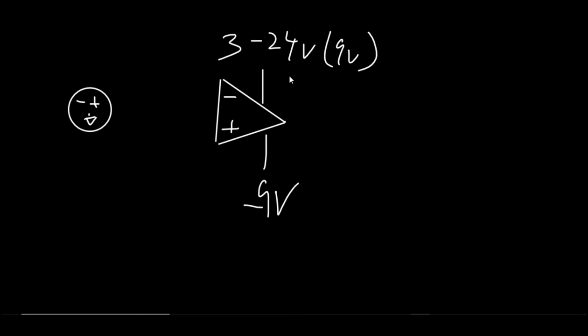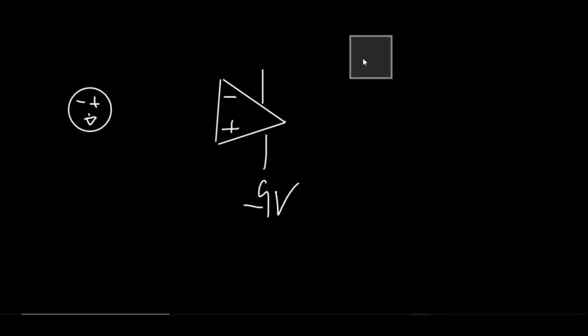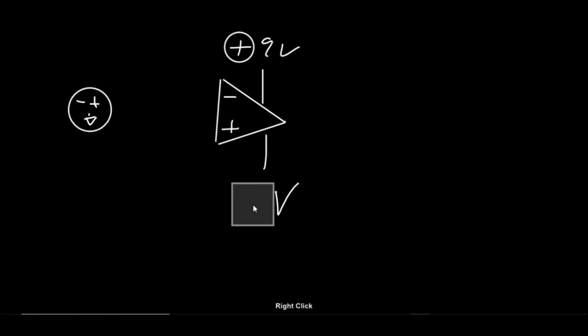Another limitation of using this op amp is that op amps run their best when they have what are called dual rails. Dual rails meaning that they need a positive voltage and a negative voltage to run.